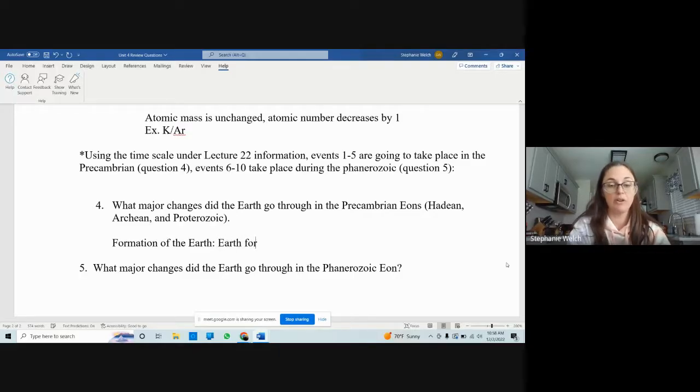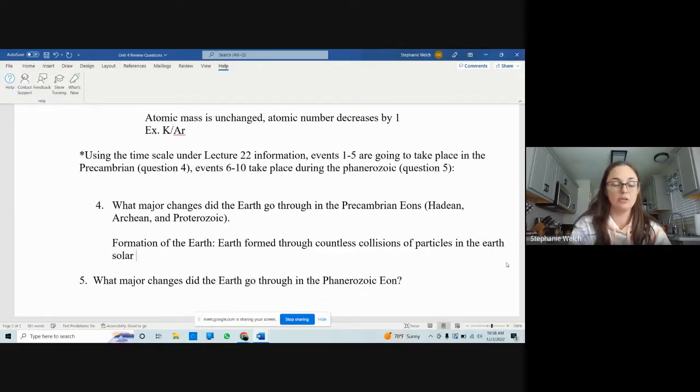The Earth formed through countless collisions of particles in the early solar system that combined through a process called accretion to form the planets.